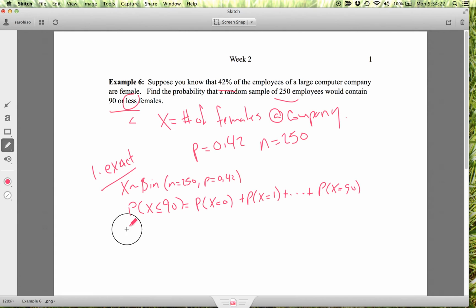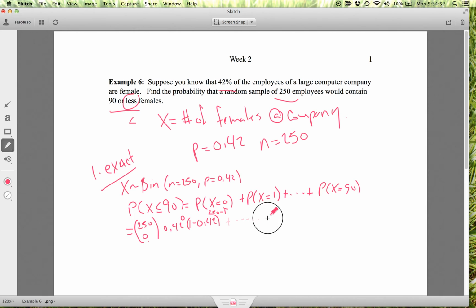Remember from Stat 213, to calculate any of these individually you take n, which is 250, and choose how many you're trying to find, times the probability of success, which is 0.42, to the power of your x value, and then 1 minus 0.42 to the power of n minus that value.